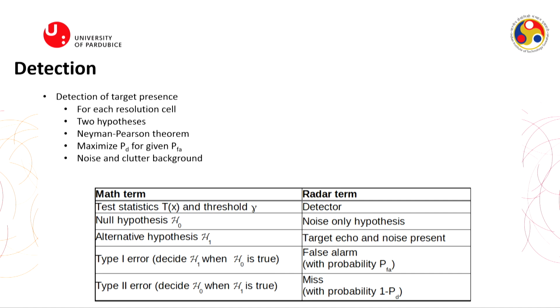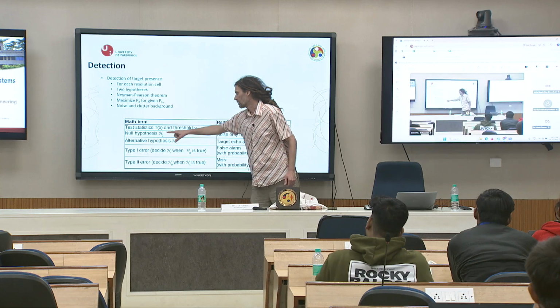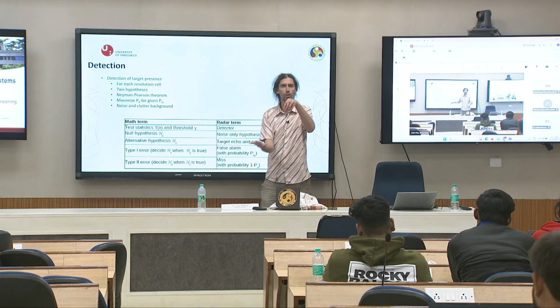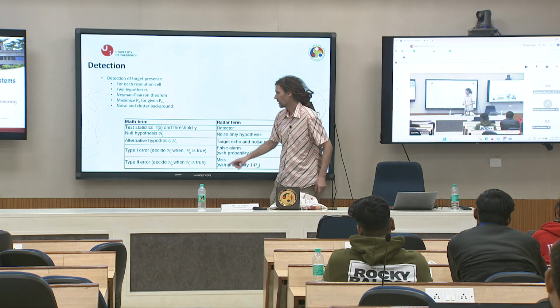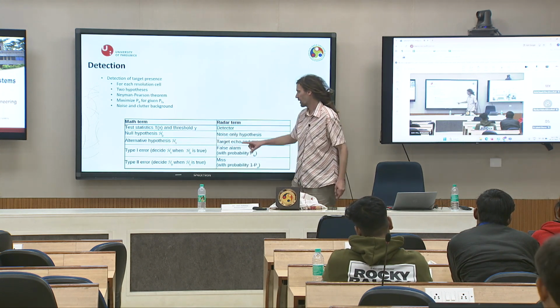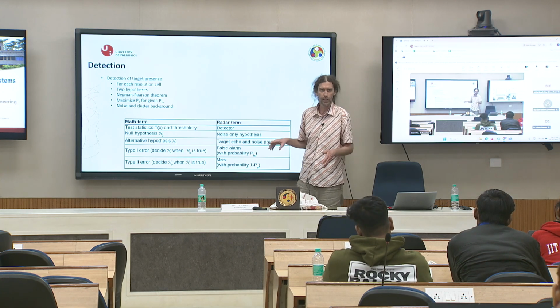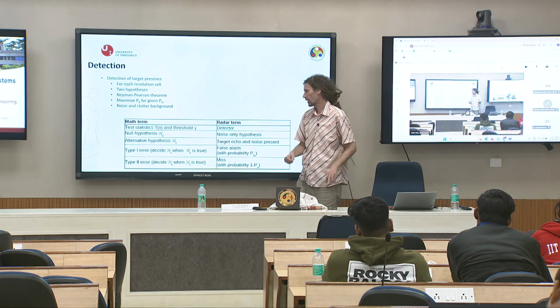So it is statistics, you will like it. There are two hypotheses. Null hypothesis, noise only hypothesis, target is not present in the cell. Alternative hypothesis, H1, target echo and noise is present, because noise is always there. So target, no target.